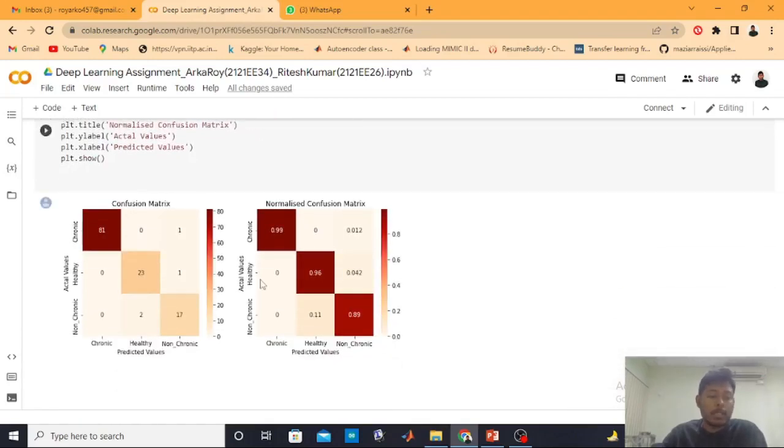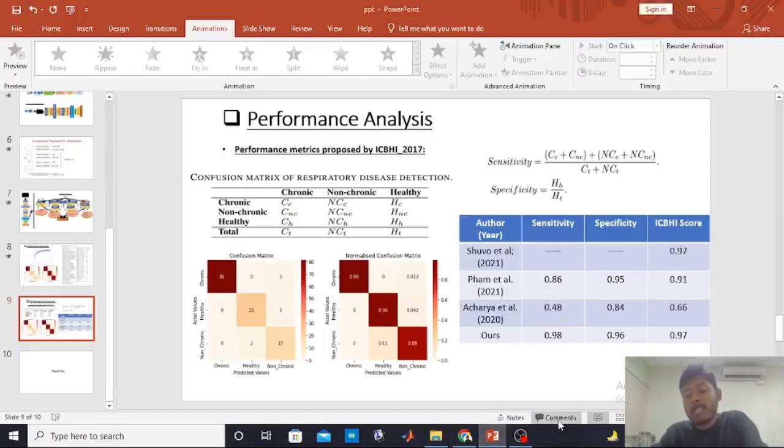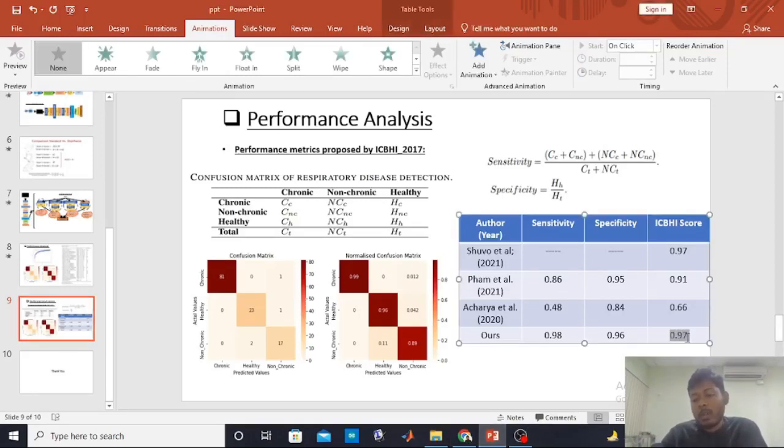In the confusion matrix, as we already showed in the PPT, we are classifying all these signals pretty well, with an ICBHI score of 0.97, which is comparable to Shubo et al. So to a great extent we reduced the parameters drastically, and we are getting almost the same results as those published by Shubo et al. in ICBHI.